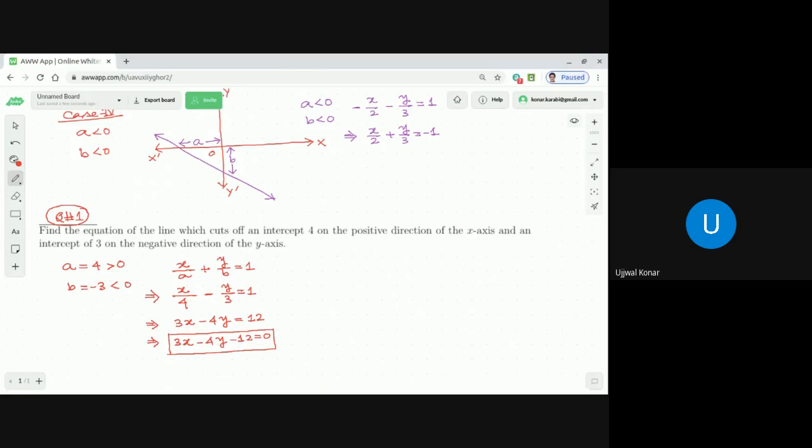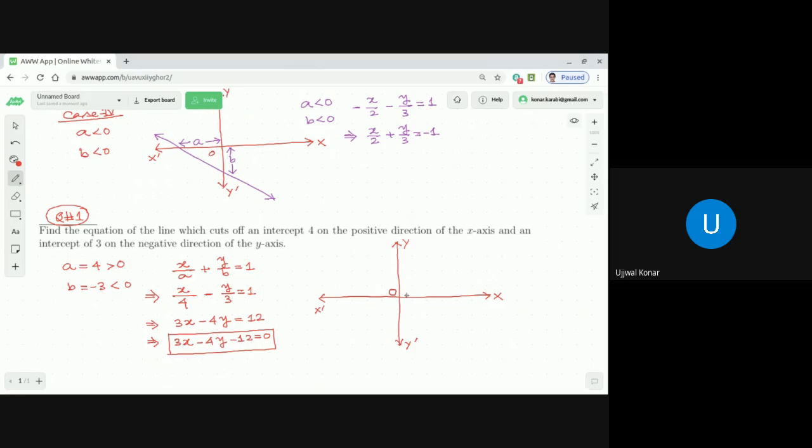But how will that straight line look? Though we have discussed it a few minutes back, I want to show you how it will look. X, y, x dash, y dash. And if you see, dear students, this is the origin. So x is positive and y is negative. Let me place the origin somewhere here so that it will be helpful to draw the diagram properly.